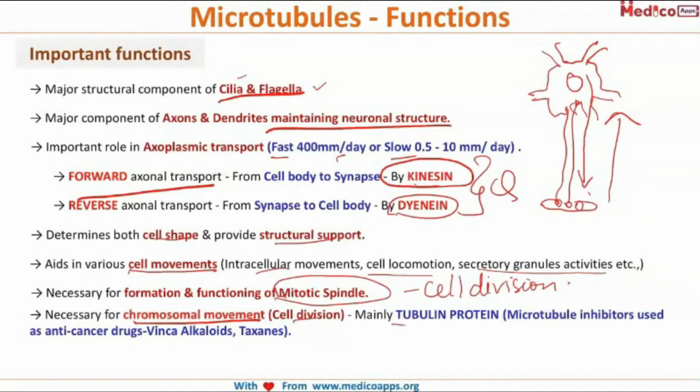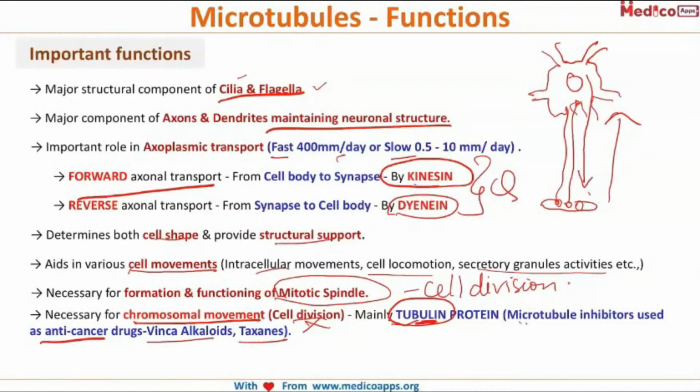Here, tubulin is important; it helps in chromosomal movement and encourages cell division. The applied physiology here is that when you inhibit tubulin, cell division is stopped. When there is no cell division, the cell will die. This concept is used in anti-cancer drugs such as vinca alkaloids and taxanes.